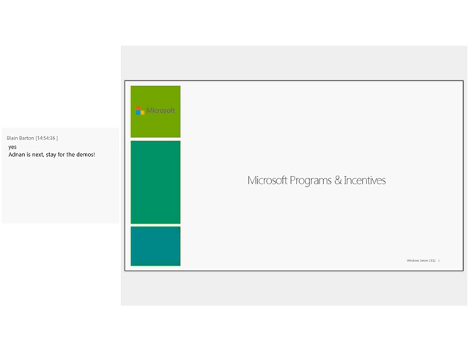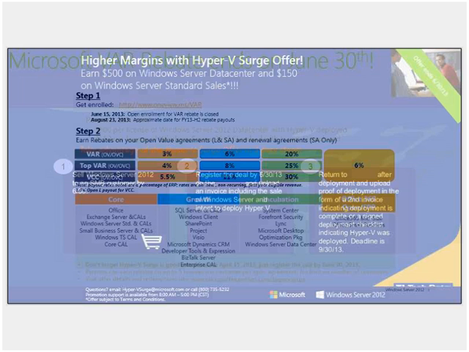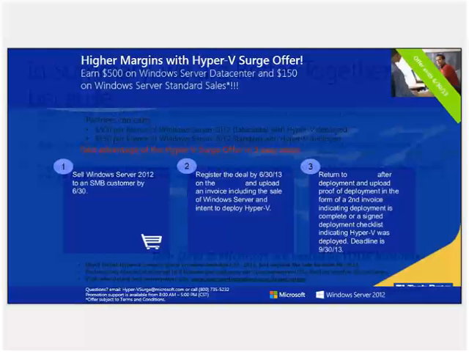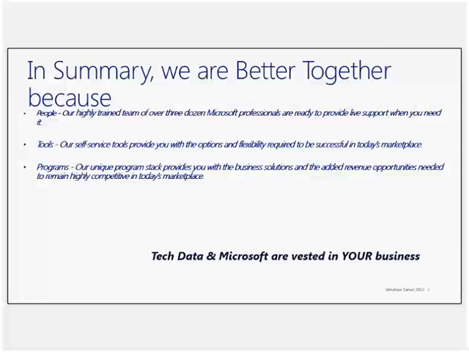There is one more program available that you may not have enrolled for, because guess what? You haven't had to enroll for it. There wasn't a deadline, but there is one now that I want to point out, which is June 30th. So any deal that you have sold involving Windows Server 2012 Data Center or Windows Server 2012 Standard since April 15th, so anything from April 15th through June 30th, will allow you to take advantage of the Hyper-V surge offer.